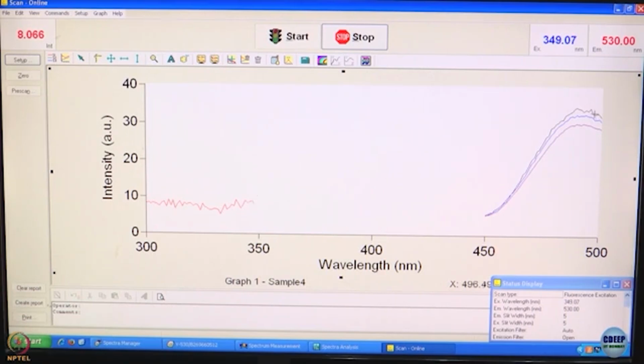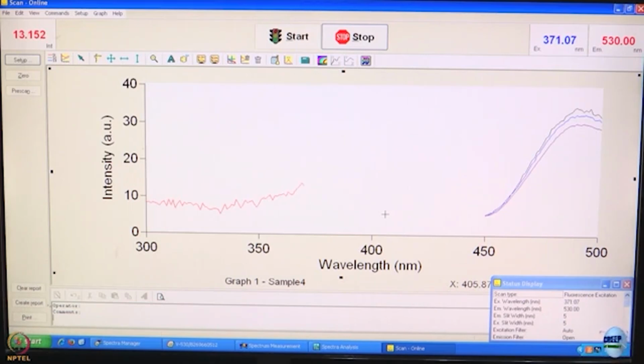So, even though we have kept the emission wavelength the same, intensity of emission is going to change, because now you are scanning the range over which the molecule absorbs, and wherever it absorbs more, we are going to get a greater emission intensity, because intensity of absorption is accordingly higher.